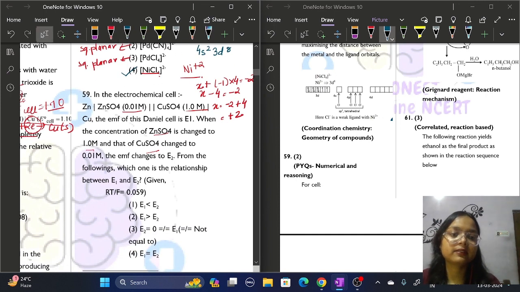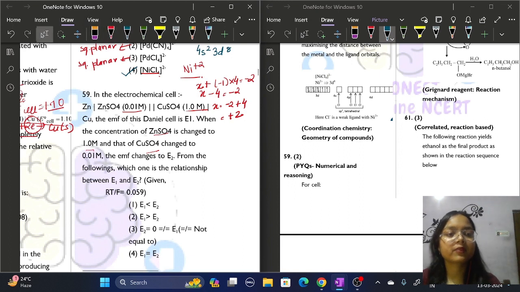Okay, for 59, what is given? In the electrochemical cell, the concentration of ZnSO4 is given as 0.01 molar, and for CuSO4, it is 1 molar. The EMF of the Daniell cell is E1.